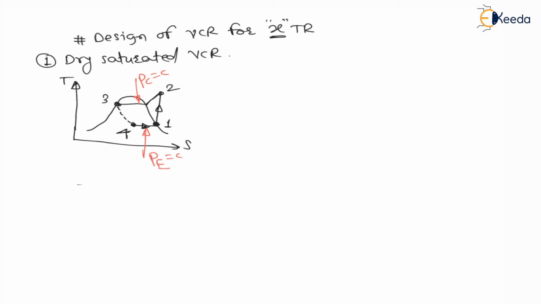Now here at 1, at evaporator pressure, it is dry saturated vapor state, so we can find entropy S1, which is nothing but Sg at 1 at evaporator pressure. That means at evaporator pressure, we have to check the Sg value.